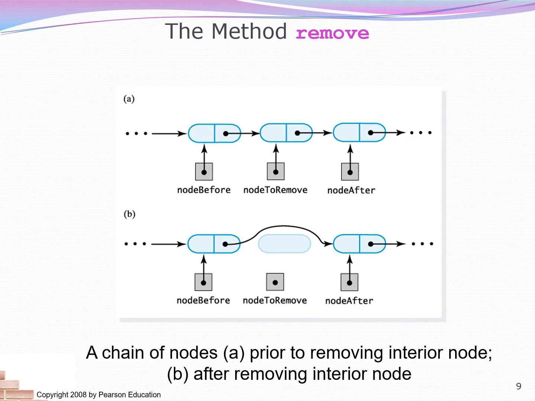Now, removing in the middle. Let's say you need to traverse it and find the node that you want to remove. You need to assign a variable to point to this node that you want to remove. After that, the variable that points to the node before, the node before dot next, will point to the node after.